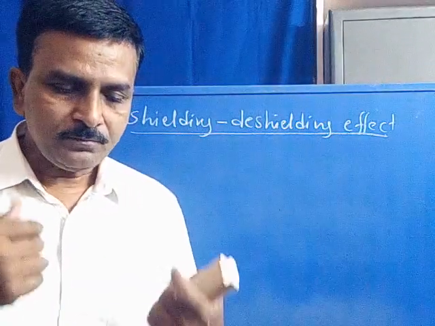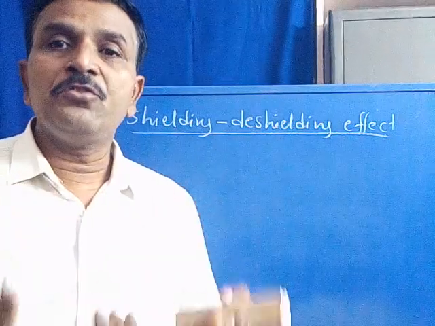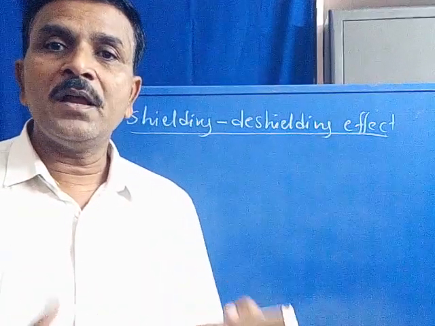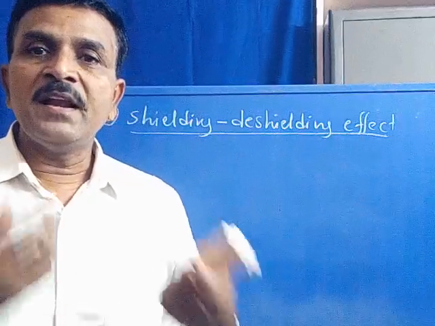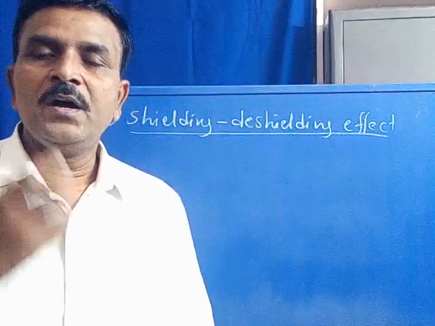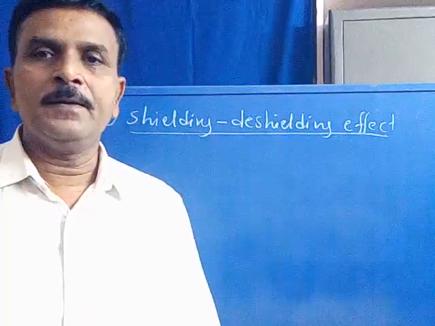de-shielding effect. Now, a spin active nucleus, due to its spin around the vertical axis along with the electron cloud associated with it, generates a certain amount of its own magnetic field, known as either secondary magnetic field or induced magnetic field.